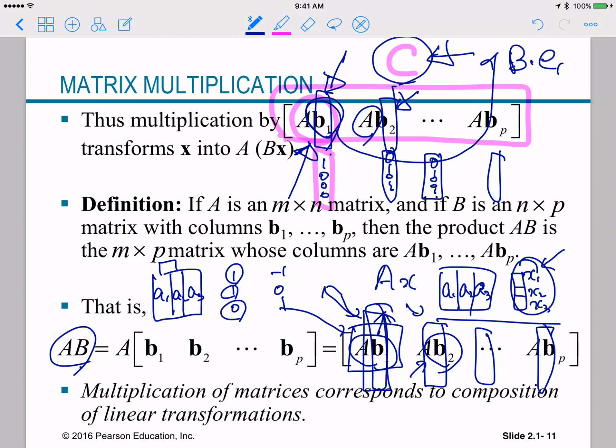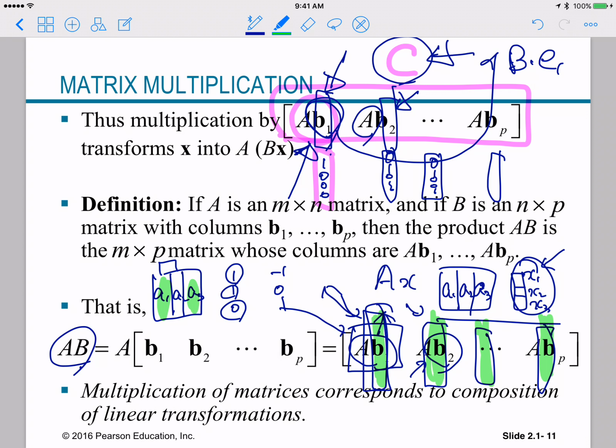In that case, the resulting column here is a linear combination of A1 and A3 with the coefficients minus 1 and 1. So in this way, using different weights, we are linearly combining the columns of A to form each column here.